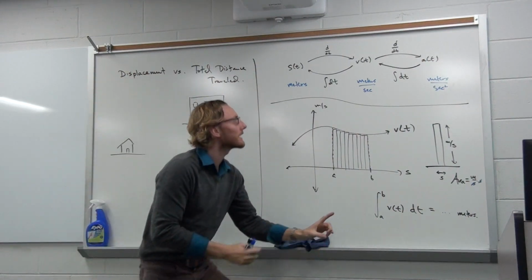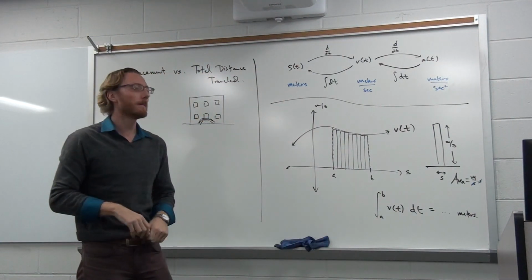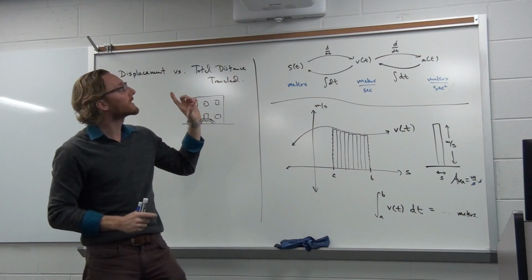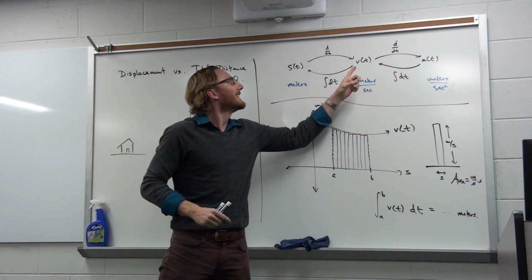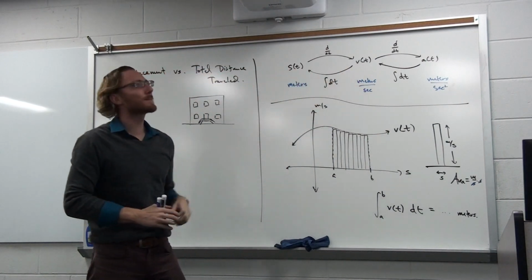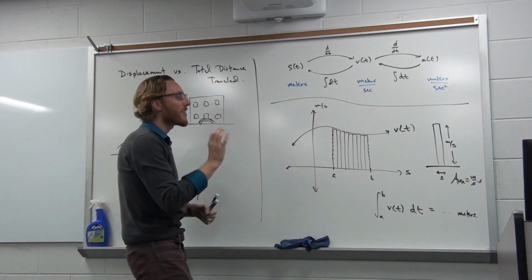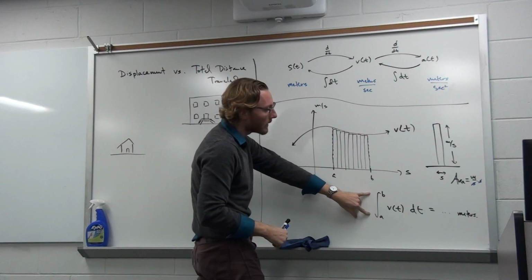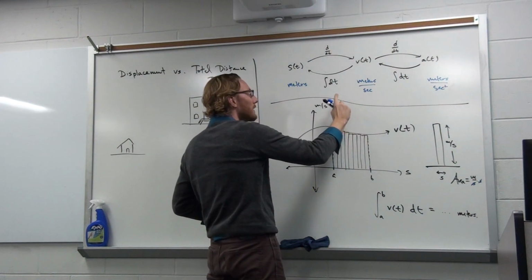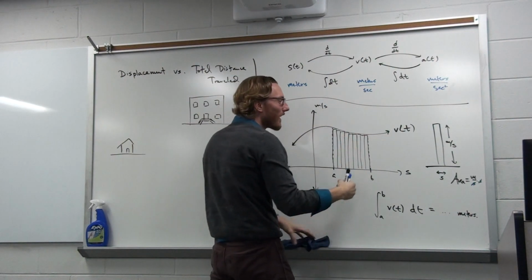And this jives with what we said above. Above, we said derivative of position is velocity. Antiderivative of velocity is position. And in fact, that makes sense with respect to units. Take an area under the velocity function. You will no longer have a velocity unit.